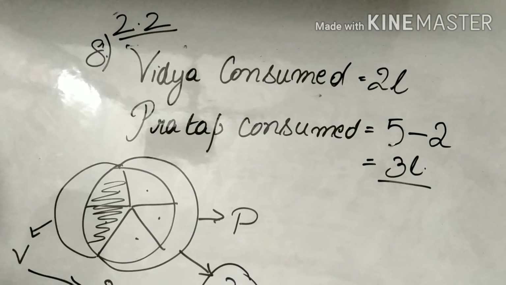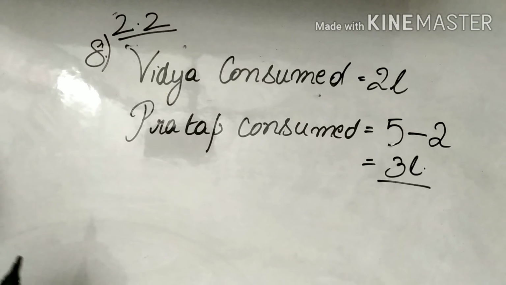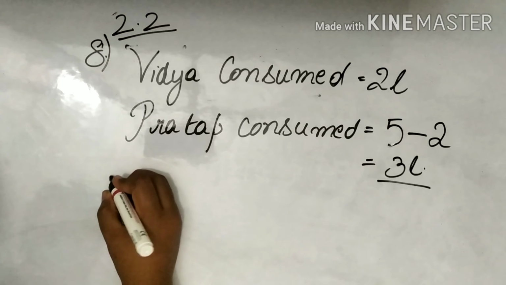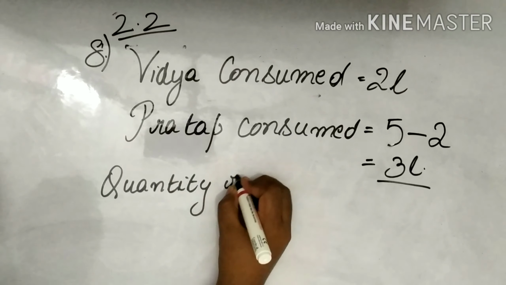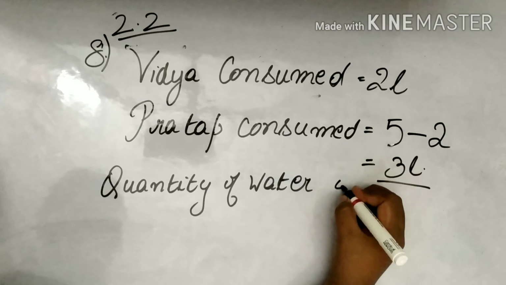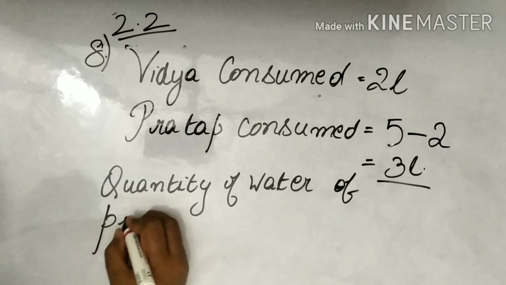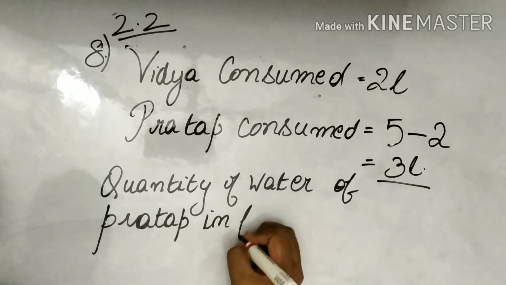Now this is what they are asking. In fraction, how can you denote how much water Pratap drank? You know the answer is 3 by 5 because it is a simple calculation, but we have to show proper calculation. So we'll write the quantity of water of Pratap in fractions.